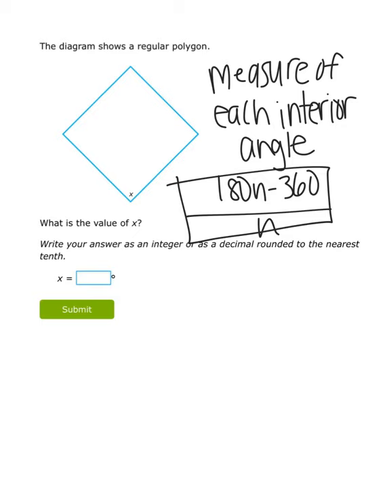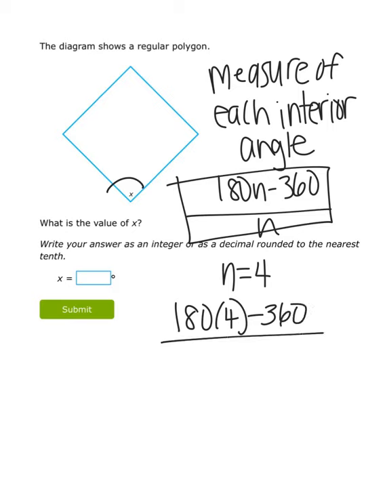So for this problem, we don't want to find the sum of all the angles, we just want to know what one interior angle equals. So to do that, I'm going to take my total sum and then divide it by the number of interior angles. So for this polygon, I know my n equals 4 because it's a quadrilateral. There's 4 sides. So I'm going to plug it into this formula. 180 times 4 minus 360 would give me the sum, and then I would divide it by the number of angles, which happens to be the number of sides.